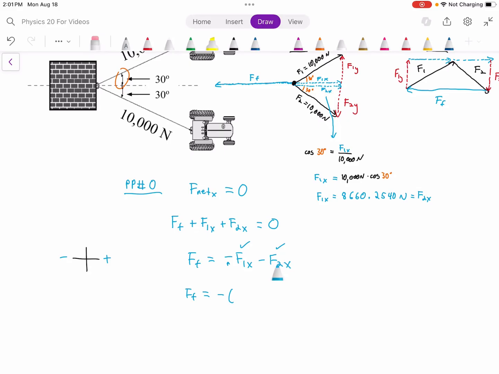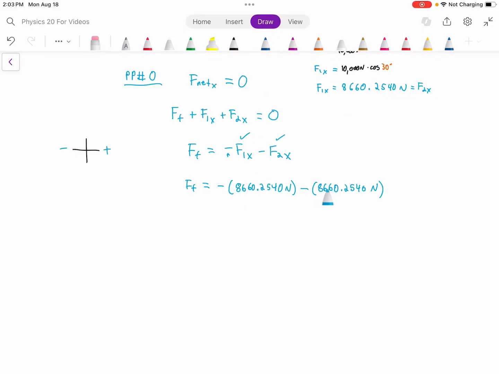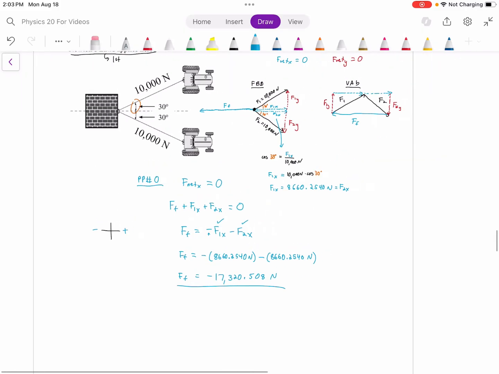Same goes for F2's x component, right? So putting those both in as positives because they're to the right, and then we have these negatives from rearranging our equation, I get that the force of friction is just going to be negative 17,320.508 newtons.